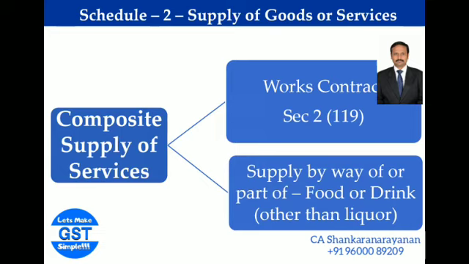We will go through the definition and then we will come back to this distinction between what is a composite supply under Schedule 2 in terms of works contract and the supply of food or drink. Composite supply means any.